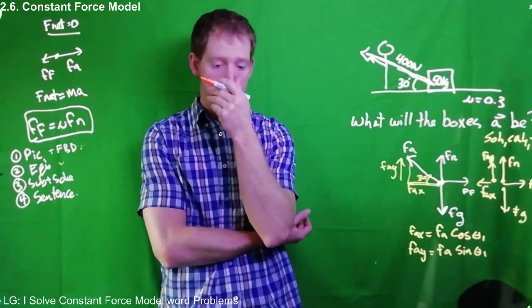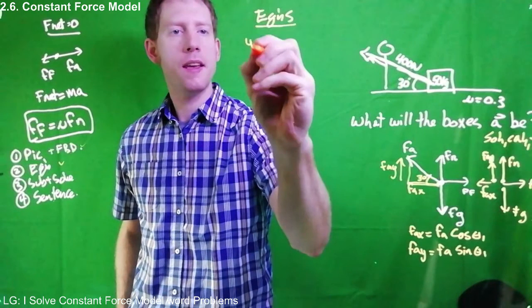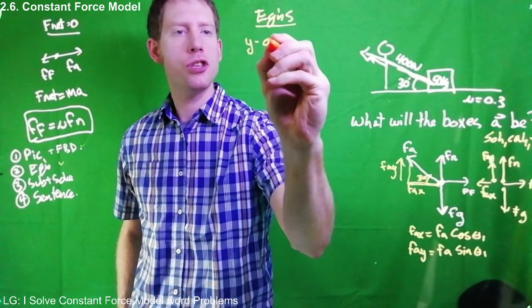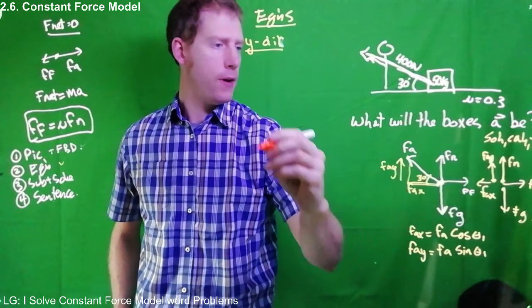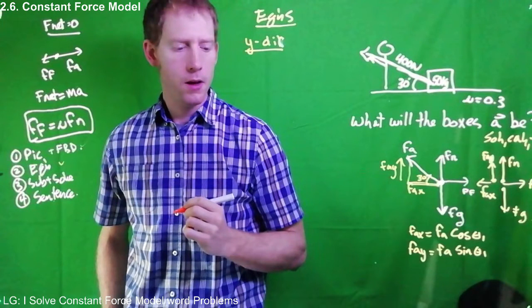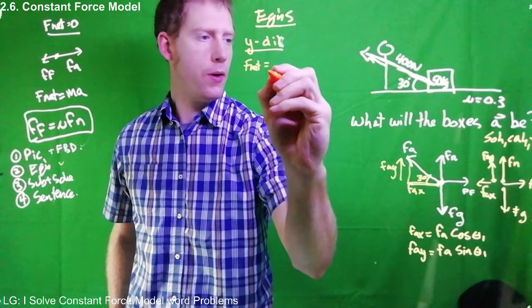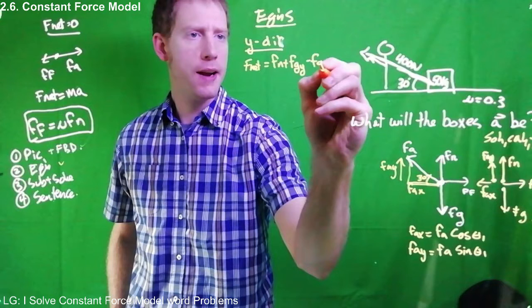So now our equations. We can think in the y direction. So in the y direction, we're going to say up is positive, down is negative, to the right is positive, to the left is negative. So we're going to have F net in the y direction is equal to Fn plus FAY minus the force of gravity.